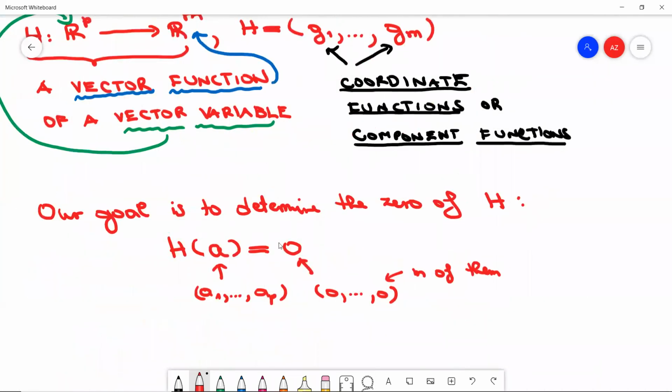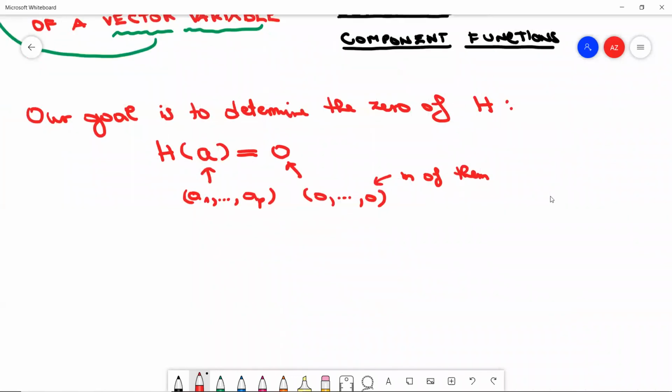So is h a matrix? When we plug in some concrete value of a into h, will this be a matrix? We cannot write it in the matricial form. So this h is in fact, we have first coordinate h1, h2 up to hm.